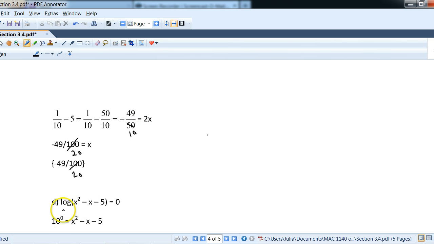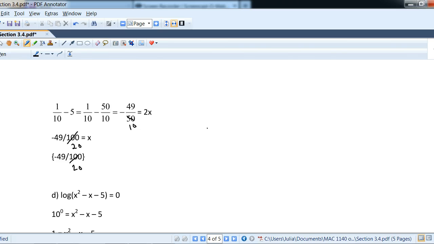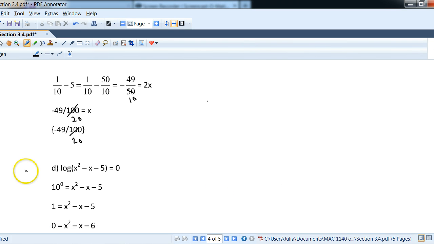Okay, then if we have a log of something more complicated, even with a quadratic equation, log of x squared minus x minus 5 is equal to 0. Then we have, again, 10 to the 0 exponent equals x squared minus x minus 5. That becomes a 1. If we recall with quadratic equations, we must set it equal to 0.